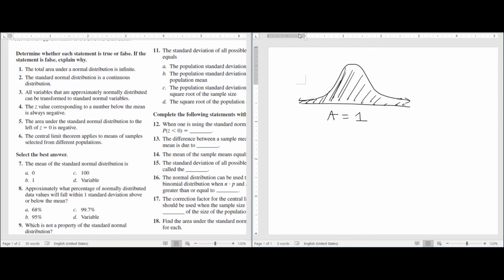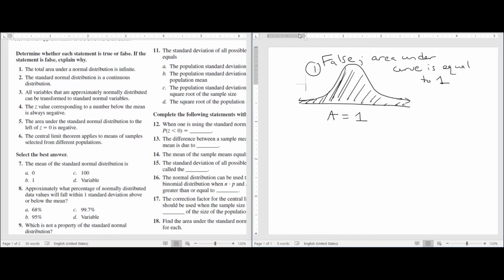So this is false. So number one is false because of this curve. The area is equal to 1. So area under curve is equal to 1.